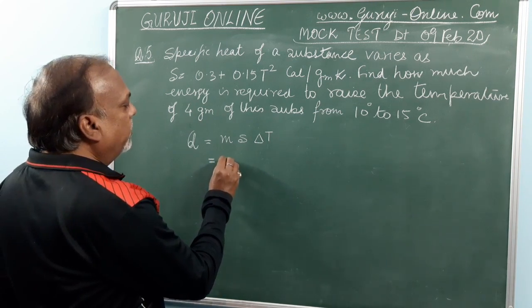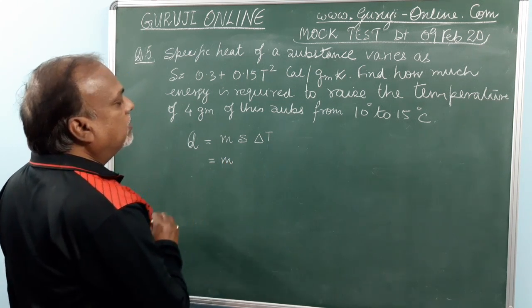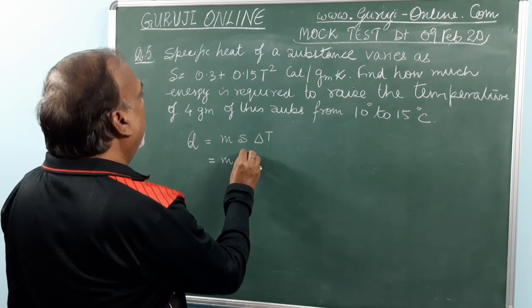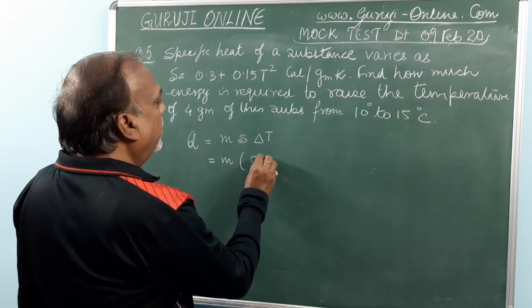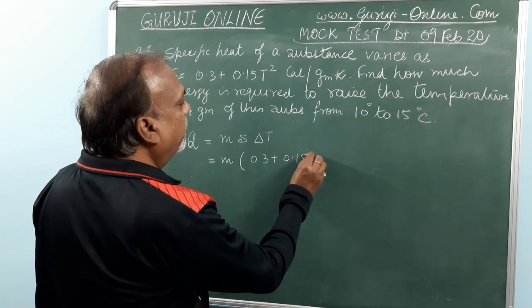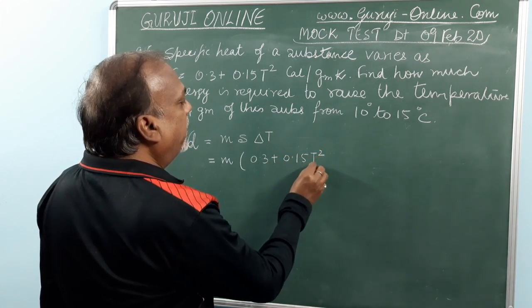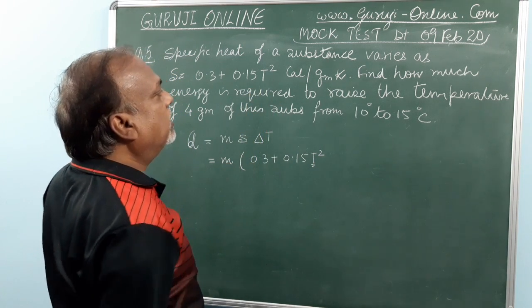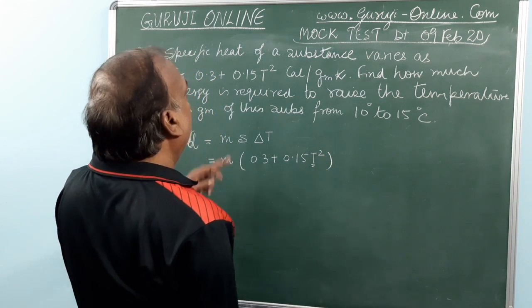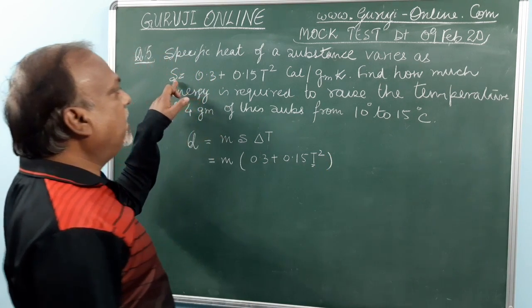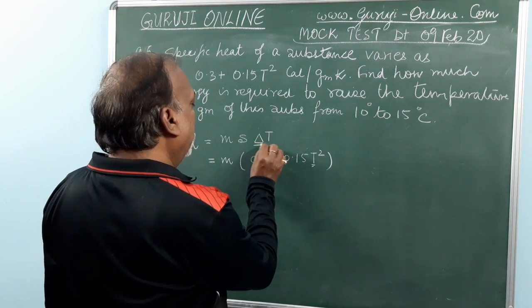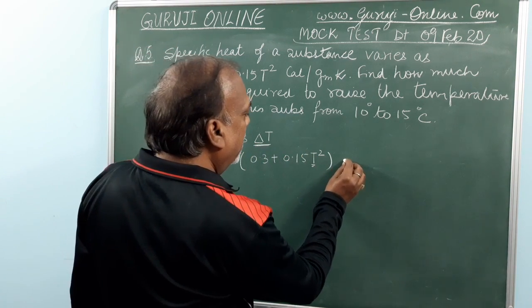This we can write as S is given as 0.3 plus 0.15 T square. T is what? Temperature. This specific heat varies with the temperature. This delta T, we can write it as dT.